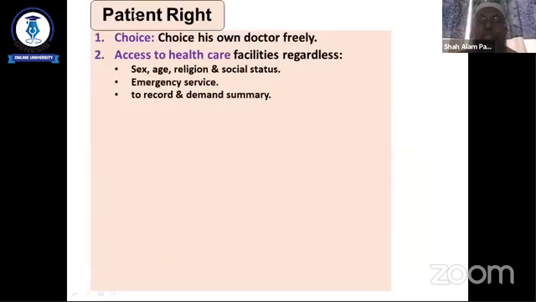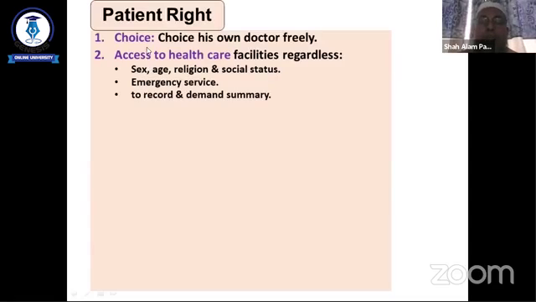Now come to the rights of the patient. The patient has the right to choose his own doctor freely. The patient has the right to access healthcare facilities regardless of sex, age, religion, and social status.